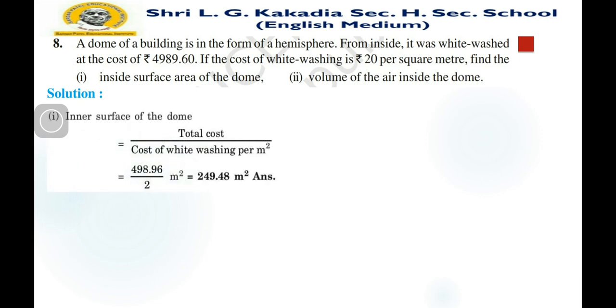Inner surface area of the dome is equal to total cost divided by cost of whitewashing per meter square.